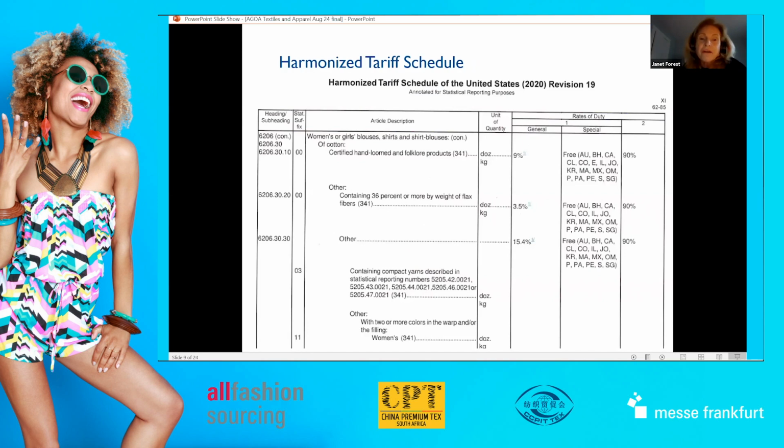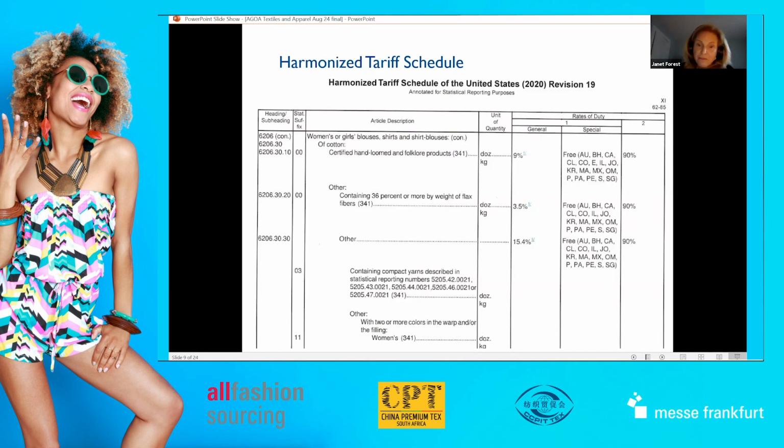So you keep going along these levels of indentation to find the final provision for your product. For instance, if this cotton blouse has 36% or more flax, then it would go into this column, 6206-3020, and have a 3.5% rate.